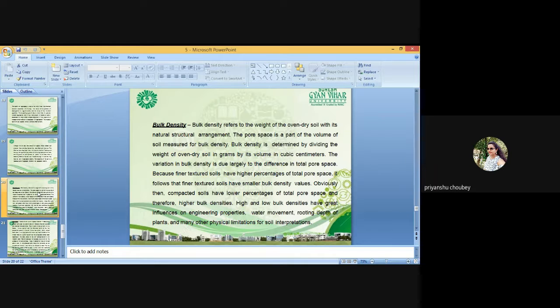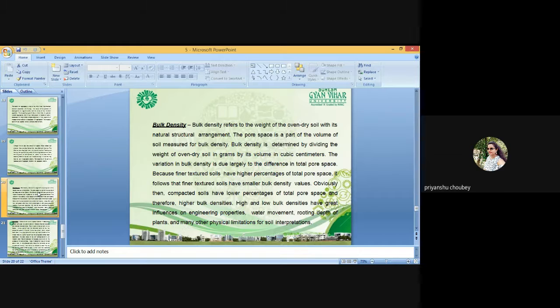Now, void ratio is the volume occupied by pores per unit volume of soil solids. Void ratio is denoted by small e, where Vf is the volume occupied by pores per unit volume of soil solids Vs. Void ratio is preferred for engineering purposes.